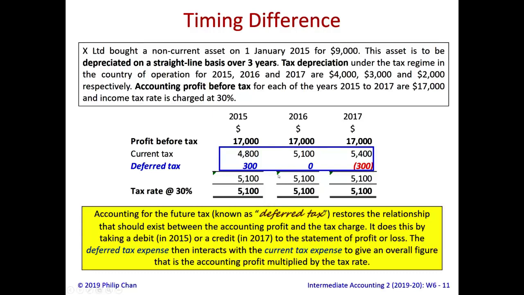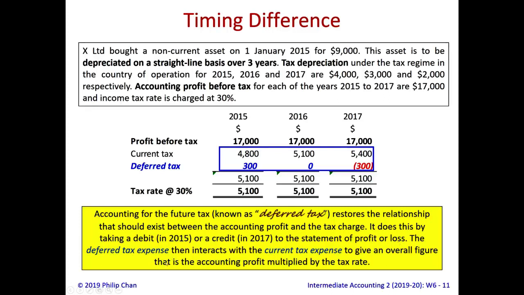The total tax expenses should be the same, which is effectively equal to profit before tax multiplied by the tax rate. So how do we do that? We take a debit of more expenses in the year 2015 by debiting tax expenses 300, and then we credit the tax expenses, which is like this, minus the 300 in the year 2017, to the statement of profit or loss, adjusting the tax expense figures.